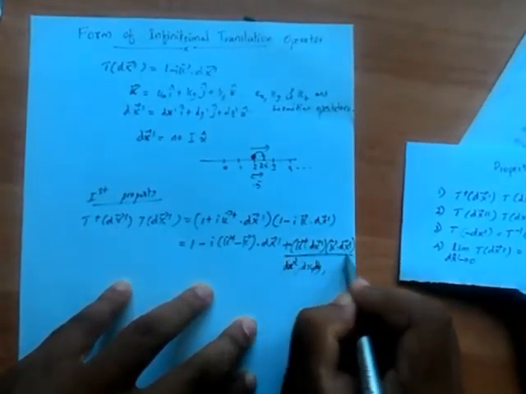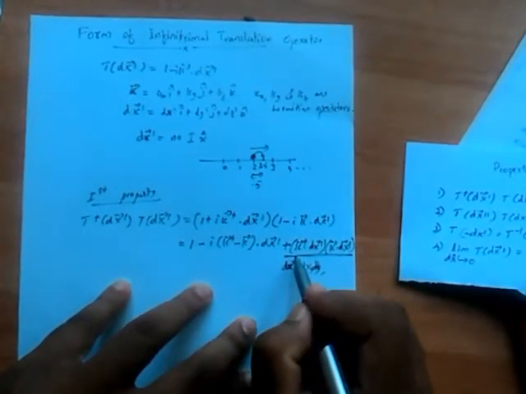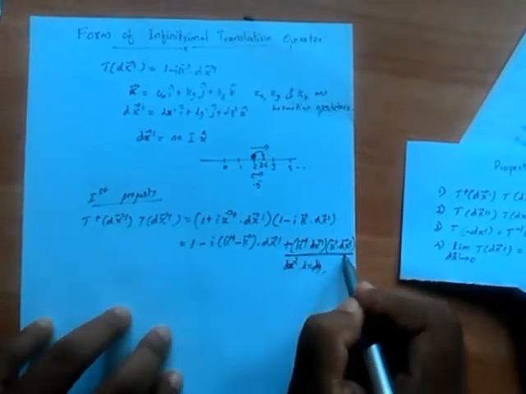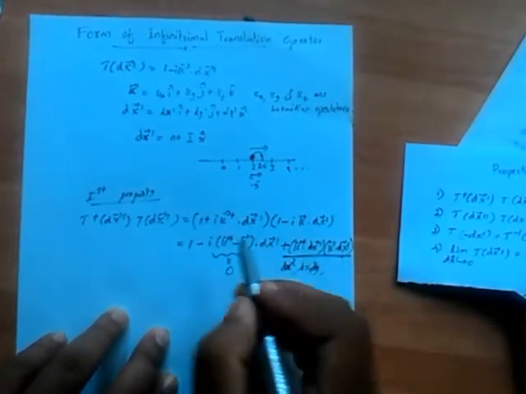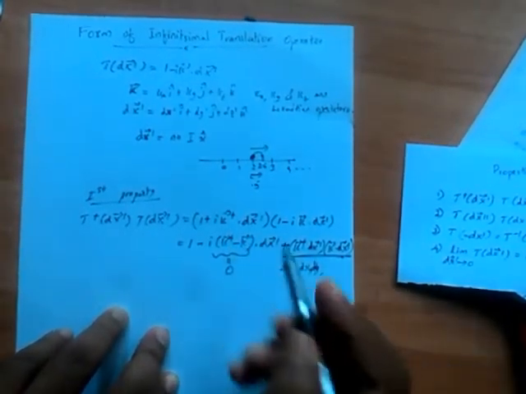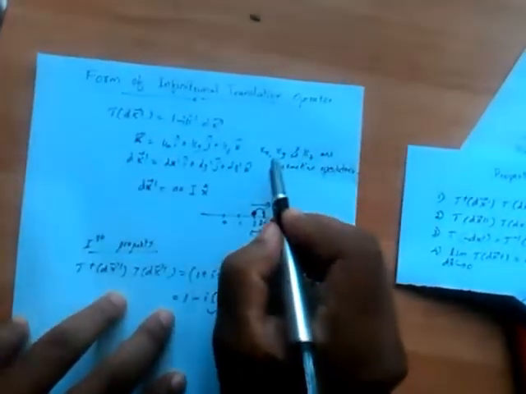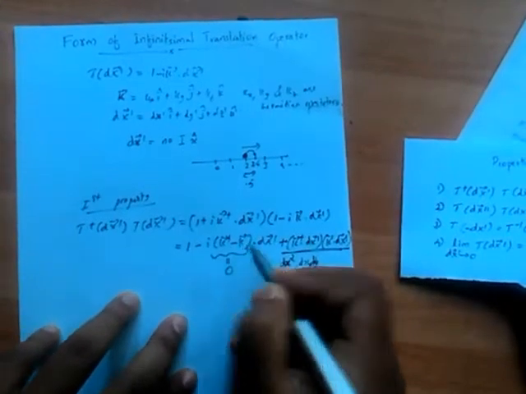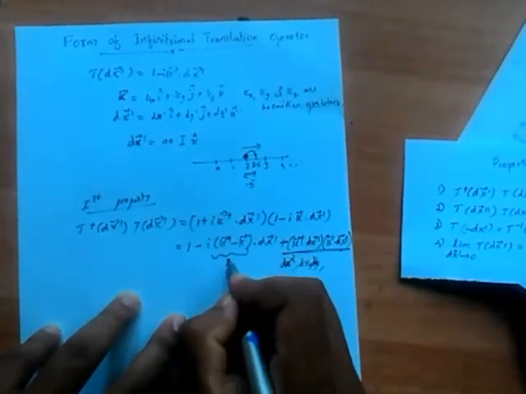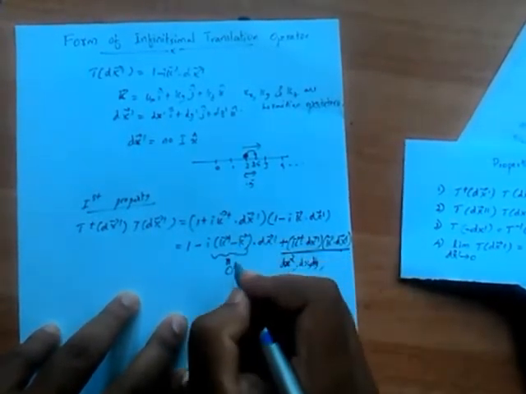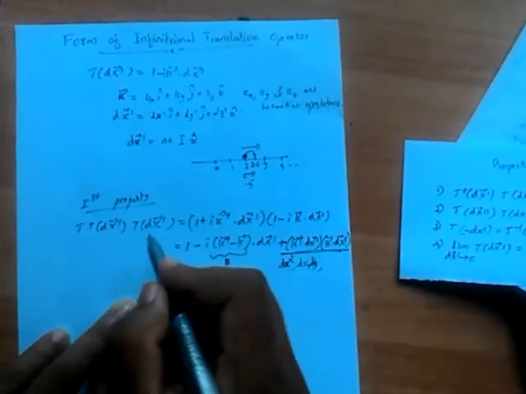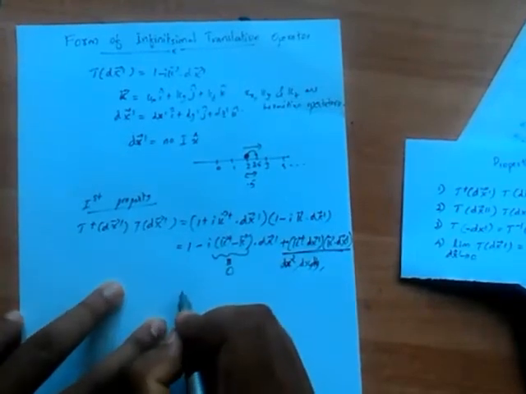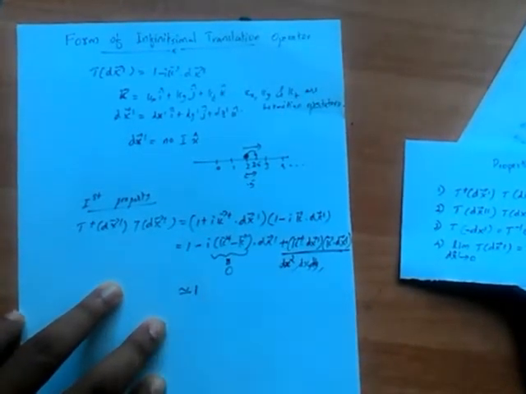So we just ignore this term in this derivation. The term k dagger - k is also equal to 0, because kx, ky, kz are Hermitian operators, so k dagger = k. We get T dagger(dx') T(dx') approximately equal to 1.